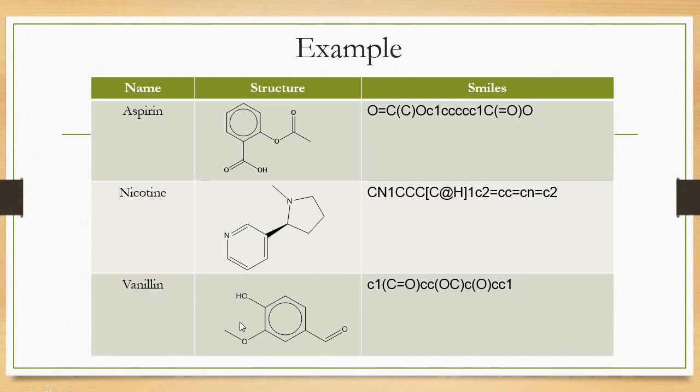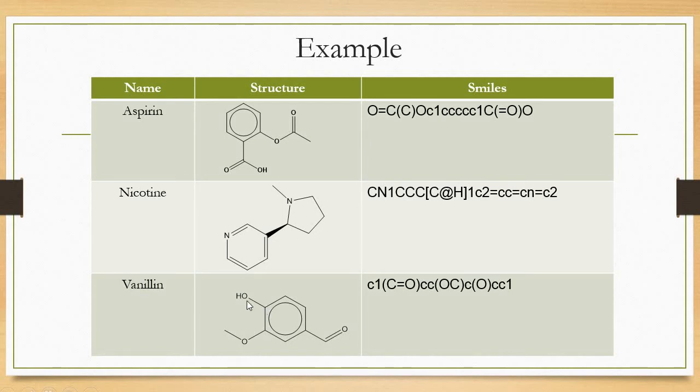For vanillin, this is the structure, and we start from C1, and at this C there is CO, and it is a branch, so it is written in brackets. Then CC, and over this C there is OC, so OC is written in brackets, as it is present in a branch.